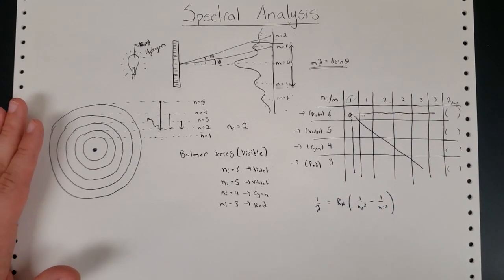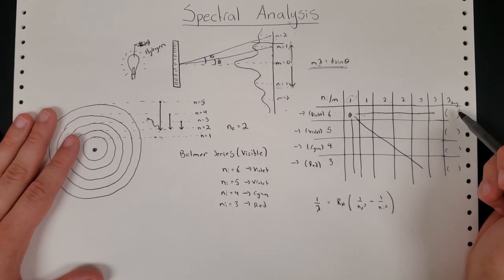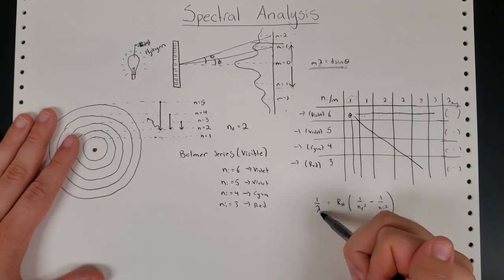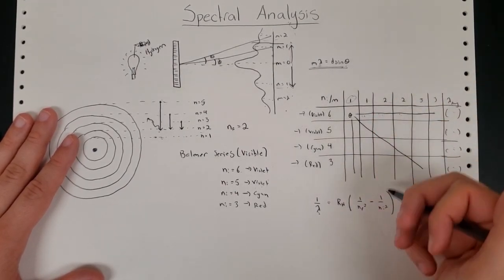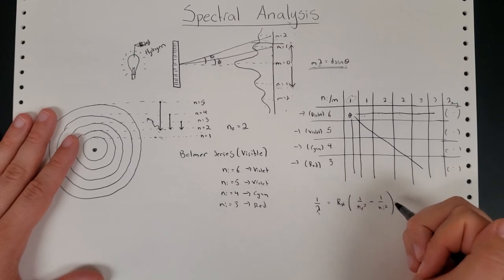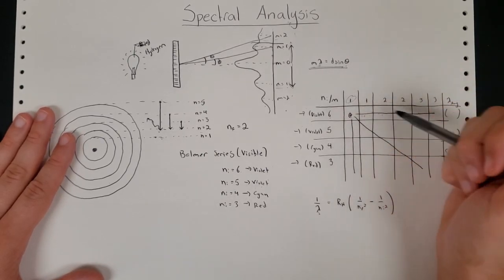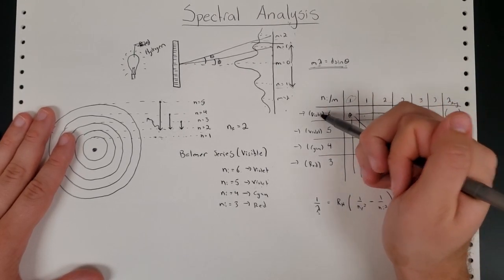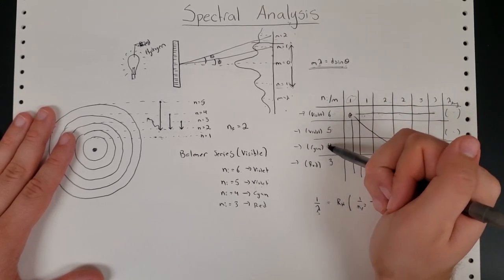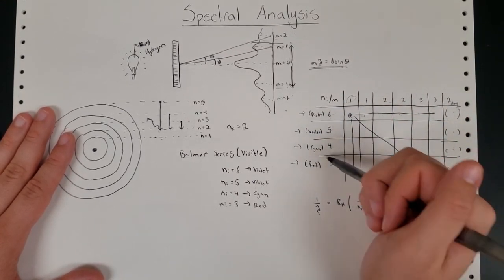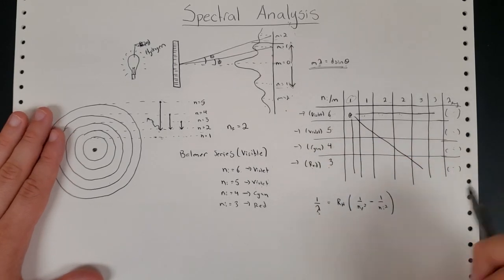Okay, so we can take these wavelengths here and plug them into here, using the fact that we know NF is 2, and then knowing that NI for each of these wavelengths is 6 for the violet wavelength, 5 for this second violet wavelength, NI would be 4 for this cyan wavelength, and then it would be 3 for whatever this red wavelength ends up being.